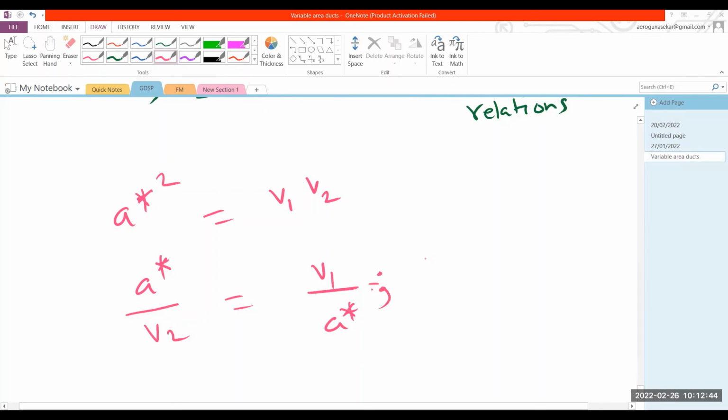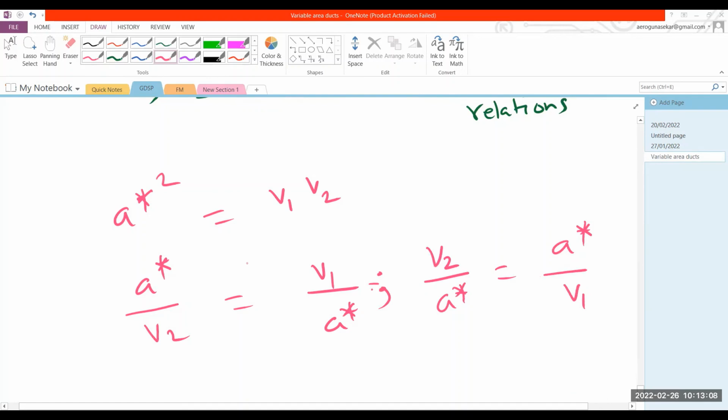It can be written as V2 by A star, then A star by V1. So this is also possible.